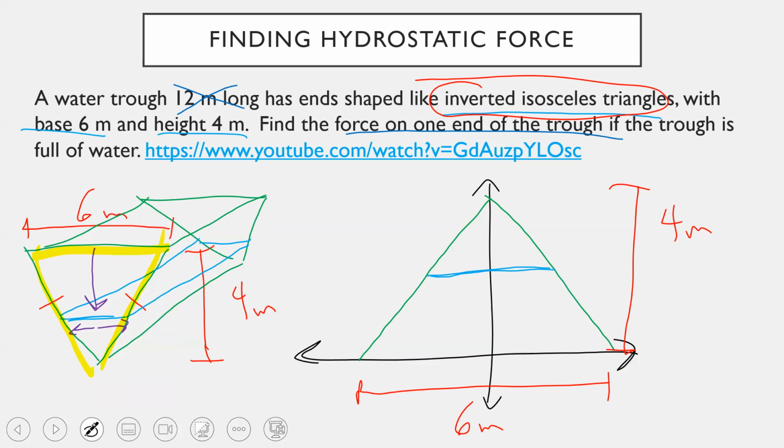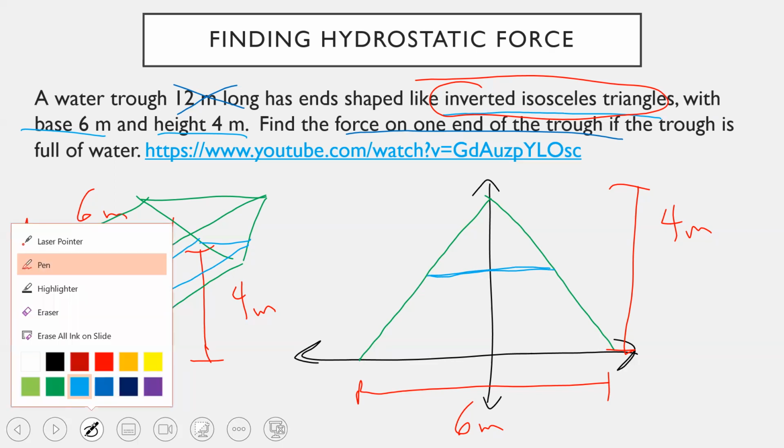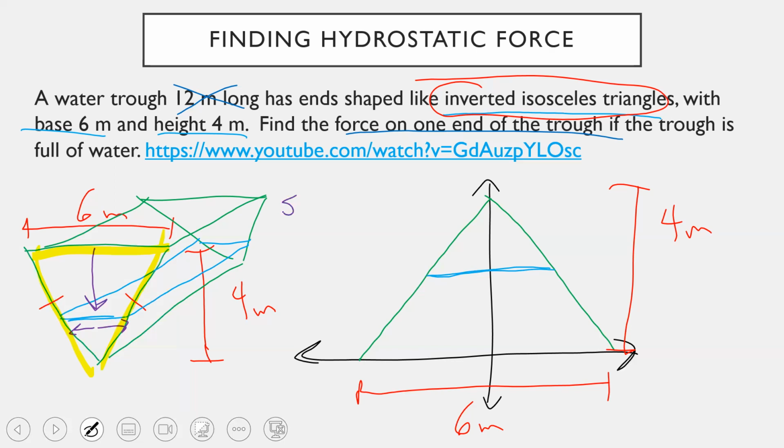The depth function, which I'm going to call s of something here, I'm not going to say what the variable is. Notice that the top of the trough is now on the bottom. So here was the top over here, that's become the bottom in the picture on the right. And the depth is going to be the distance below that it is, so this distance from here to here.